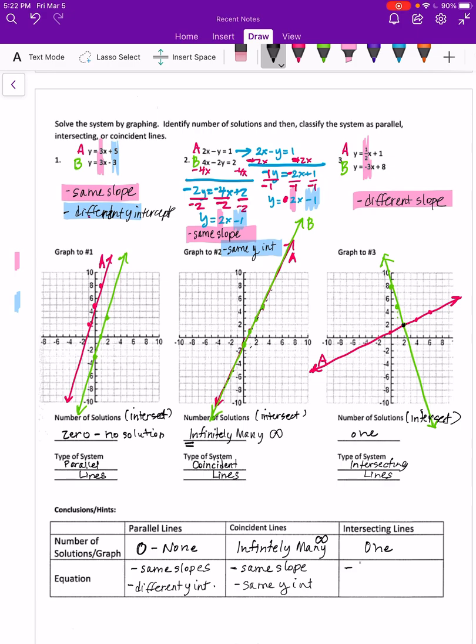They could be the same, they could be different. It doesn't matter. As long as you see different slopes, you are going to know one solution immediately.